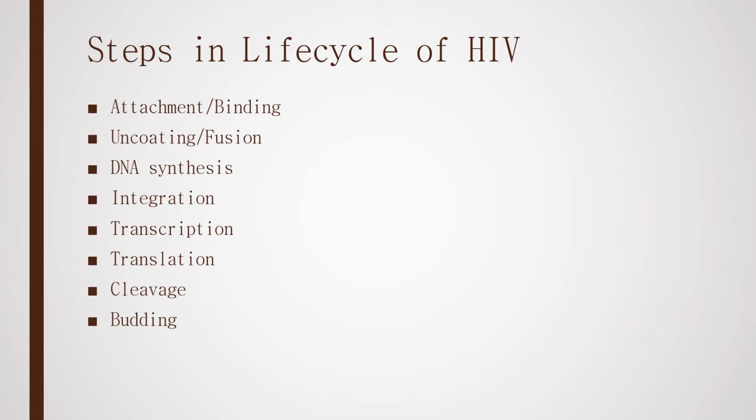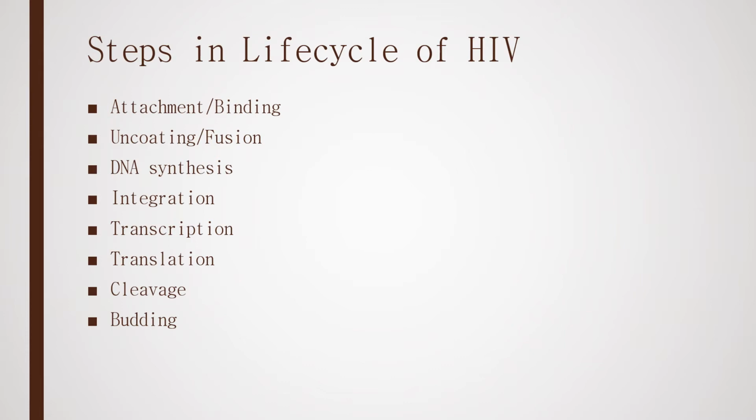The next step is DNA synthesis. As I said, please watch that video while you're reading this or listening to this or taking your notes. It will make more sense for you.